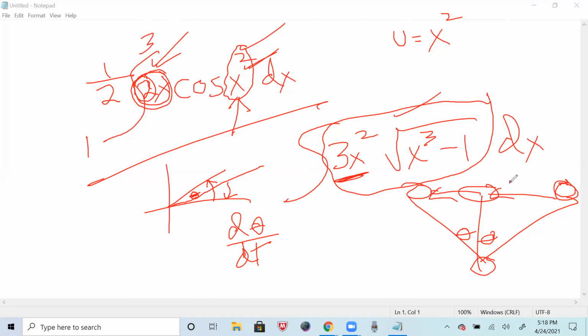Just like ds, this distance right here is s. And in this drawing, ds dt is negative because it's getting smaller. In this drawing over here, ds dt is positive because it's getting bigger.